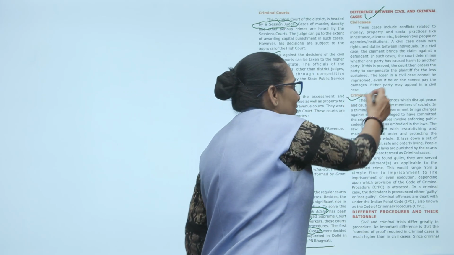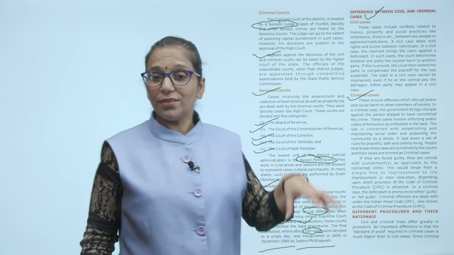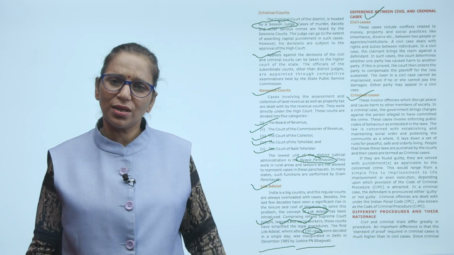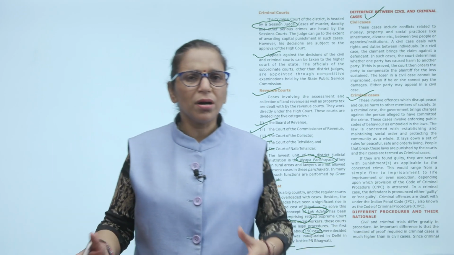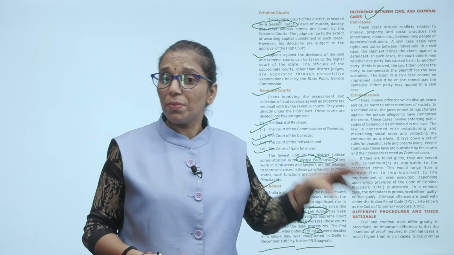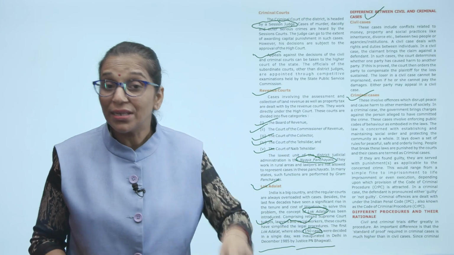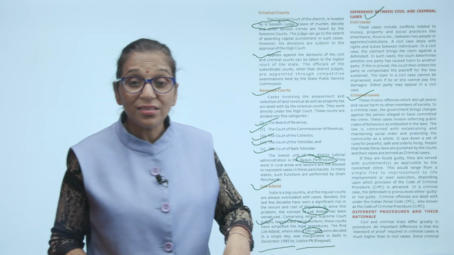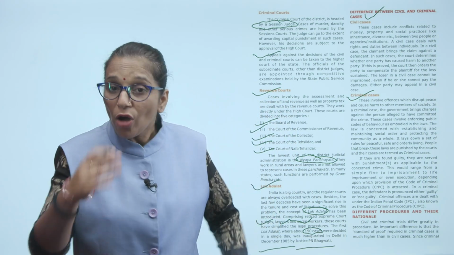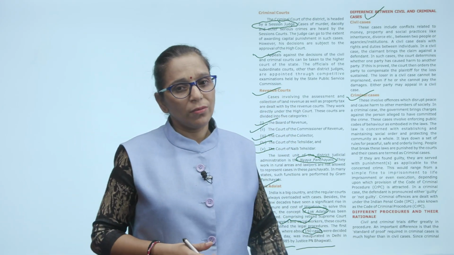Now criminal cases. These involve offences which disturb peace and cause harm to other members of society. Criminal cases include murder, dacoity, etc. The government brings charges against the person alleged to have committed the crime. These cases involve enforcing the public codes of behavior as embodied in law.